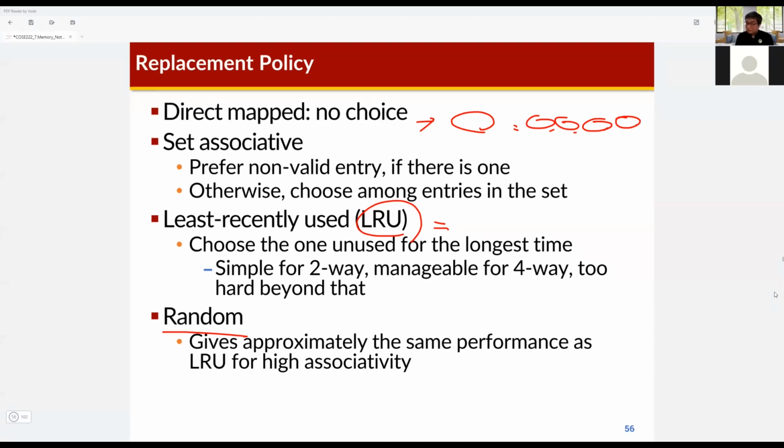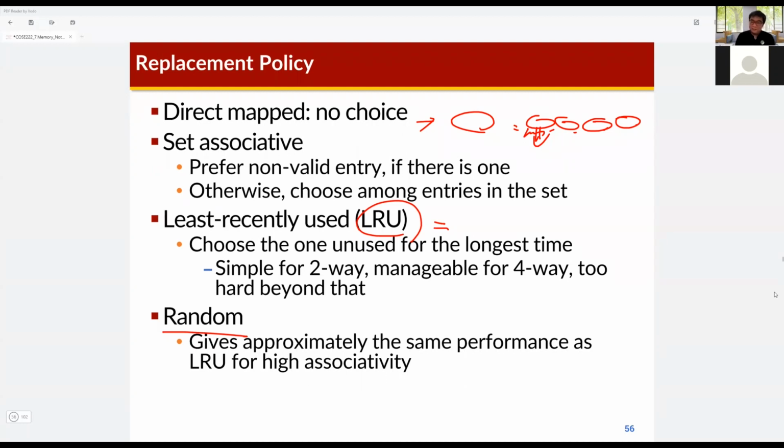So how can we select? We choose the block that was accessed the least recently. It's not the oldest data, it's the least recently accessed, meaning it's not touched recently.